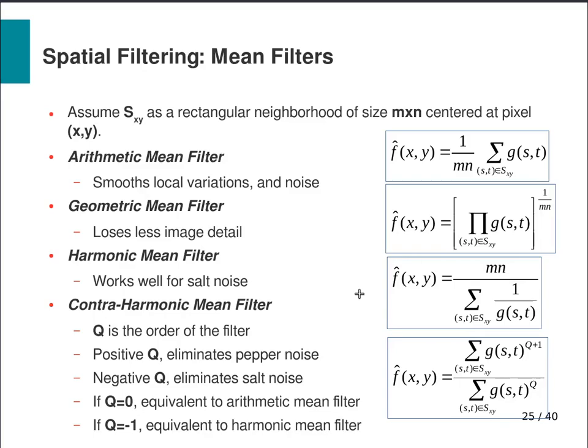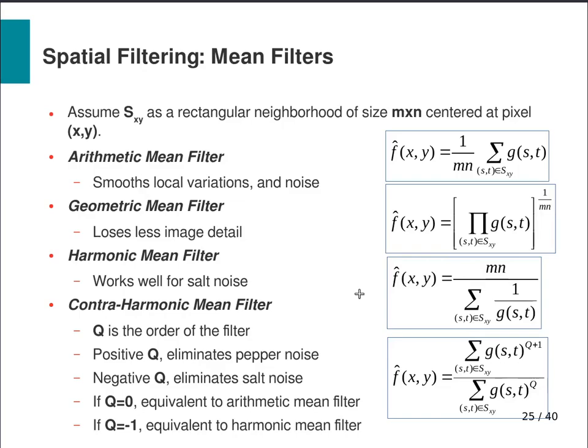Here q is the order of the filter. If q is positive, this filter is more suitable for eliminating pepper noise, and if q is negative, it eliminates salt noise. If q is 0, the contra-harmonic mean filter reduces to the arithmetic mean filter, and if q is -1, it reduces to the harmonic mean filter.